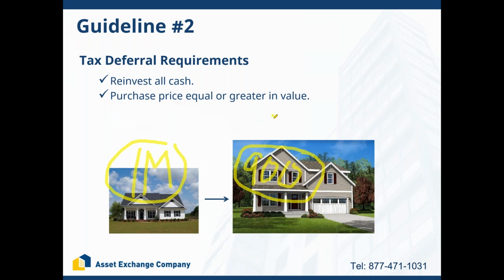What that does is it simply leaves you with a tax liability to be paid on the $100,000 difference. So whenever you trade down in value, you pay taxes on the difference up to your gain amount.